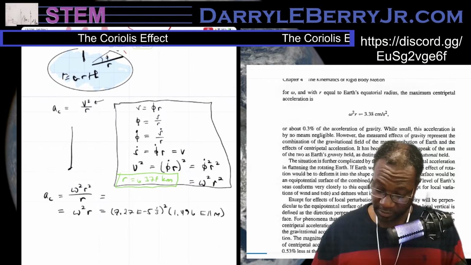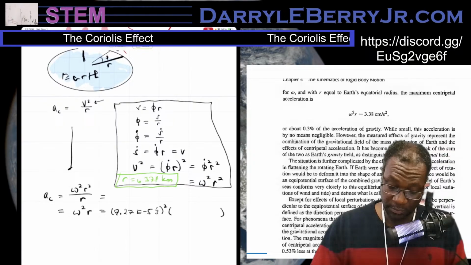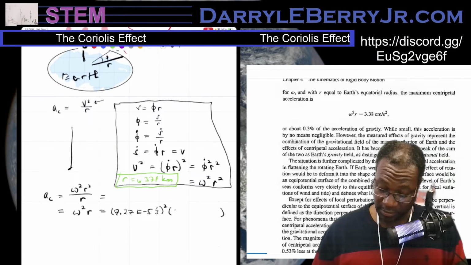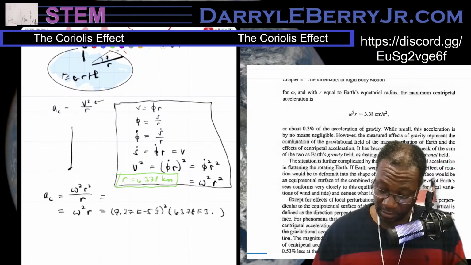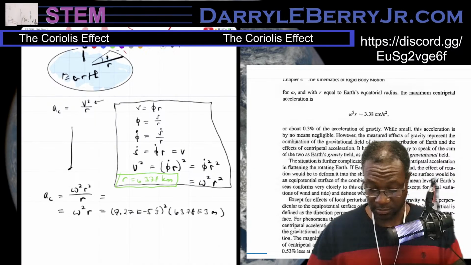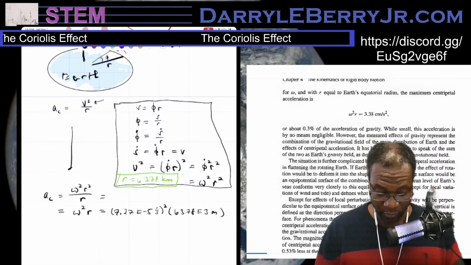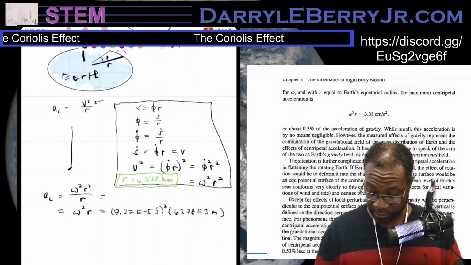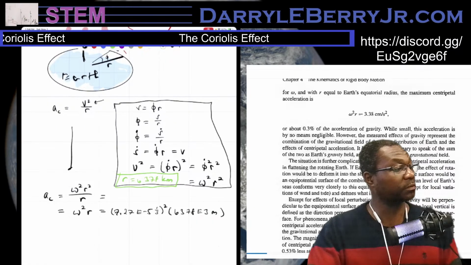So we have this is r. We have 6378e3 meters. All right. So let's see. 6378 times 10 to the 3, and that's what they have.